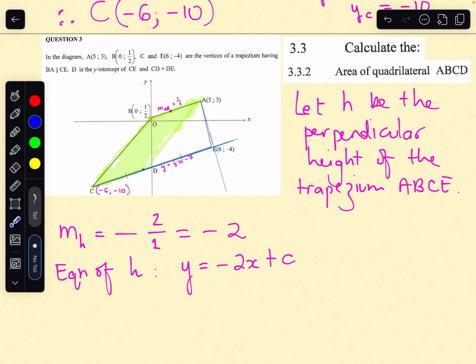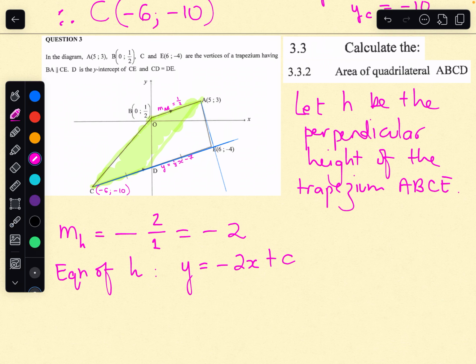Well, once I find it, I am then going to figure out where it intersects with this line so that I can figure out the length of H, the perpendicular height, and then from there I can work out the area of this triangle and the trapezium, and then I can do my difference thing. Okay, cool.